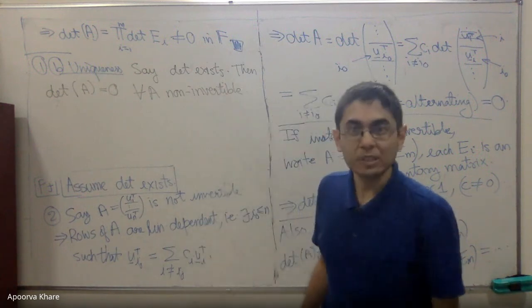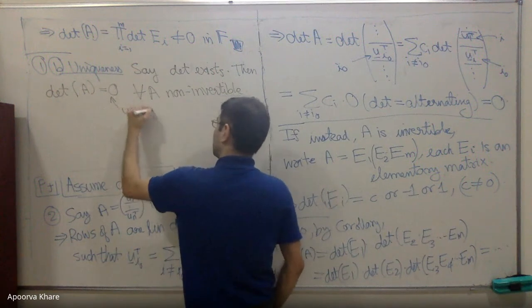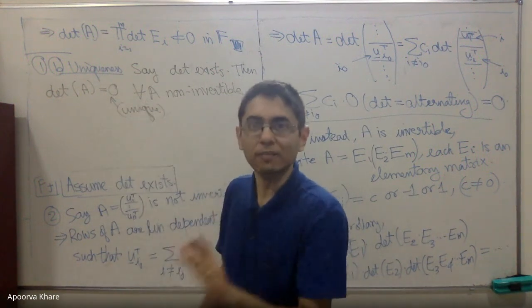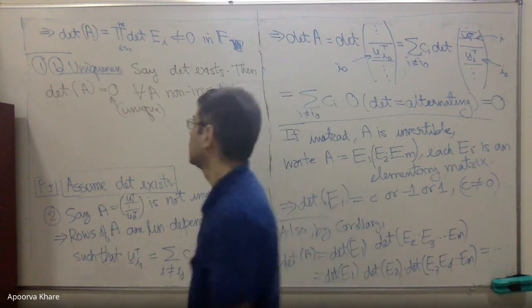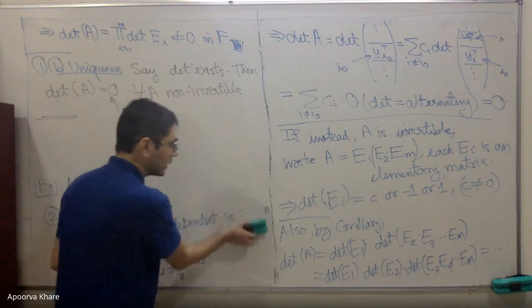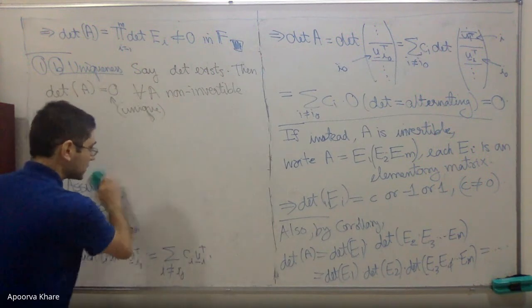What happens if A is invertible? The value at non-invertible matrices is unique. There are no two values it can take, no two ways about it. That value is always 0. So the question now is, why is the value at an invertible, non-singular matrix also unique? That is the key question.